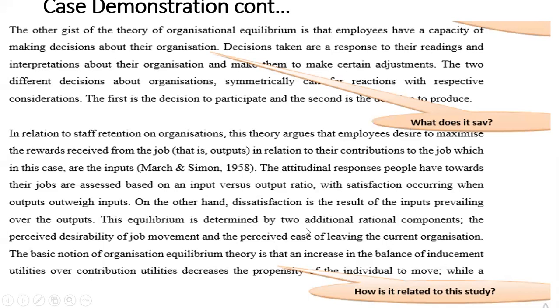You know, some people write and you look for points and you don't get them. Critical reading and critical writing means presenting a clear point where the researcher who is writing is conscious of the point he or she is writing. So your points should not fall accidentally. You should be conscious that at this point, I'm writing to explain how this theory is related to my study.